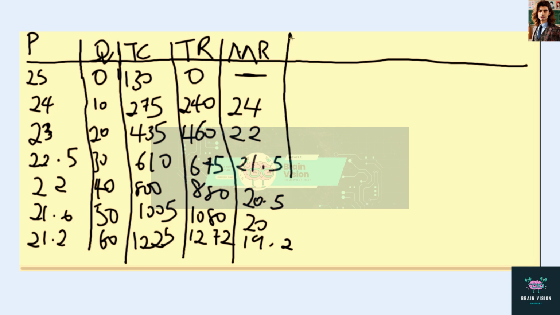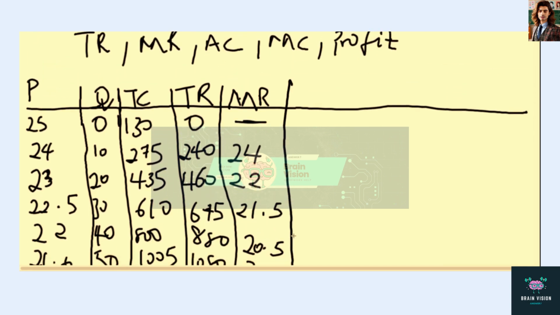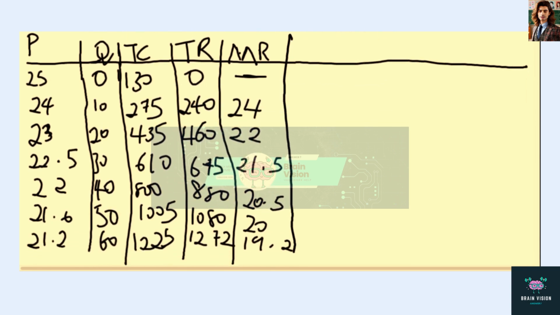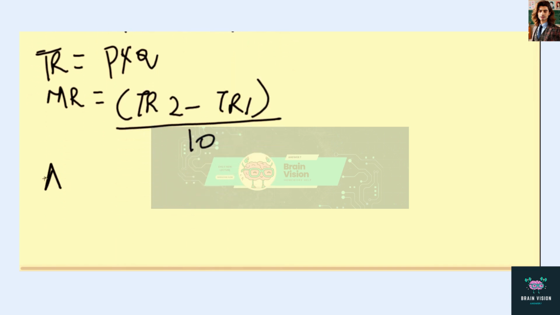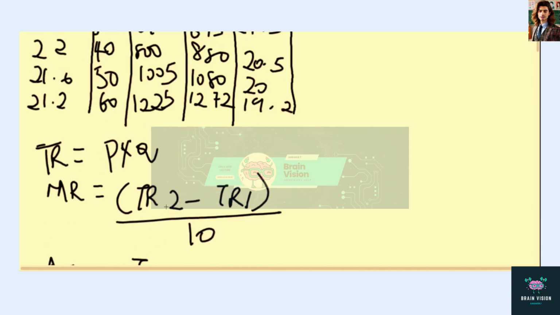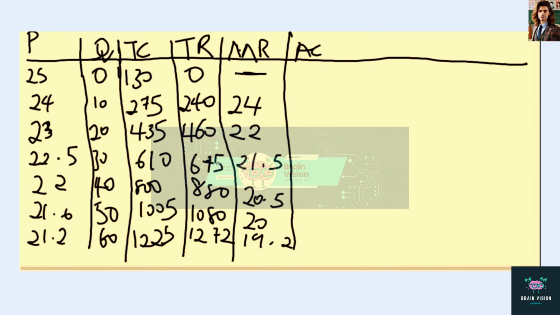The next thing the question wants us to find is the average cost, AC. The formula for average cost is total cost divided by quantity. So we go back to the question. We have the total cost divided by quantity. 130 divided by 0 is 0.